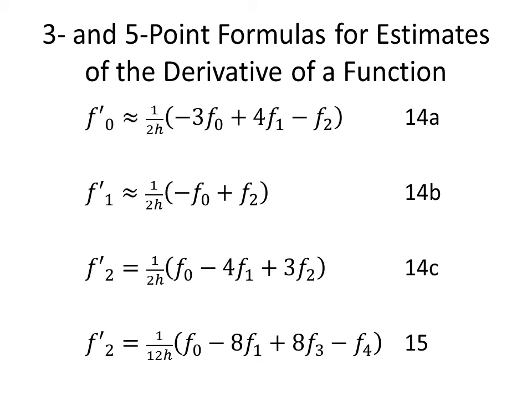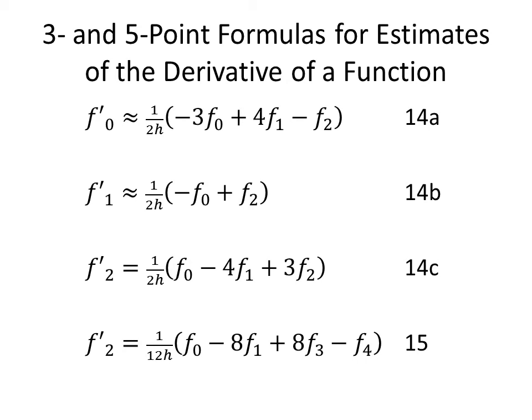We apply the weights of 1 and minus 1 to the function, and then multiply the sum by 1 over 2h, and we have our estimate of the derivative. This is nothing surprising.